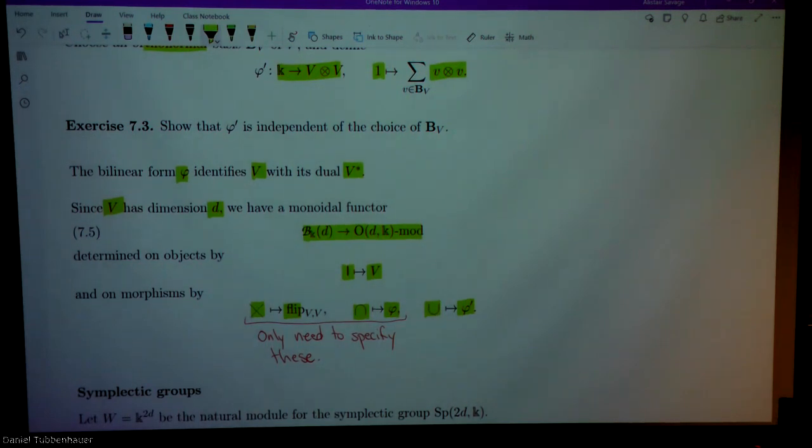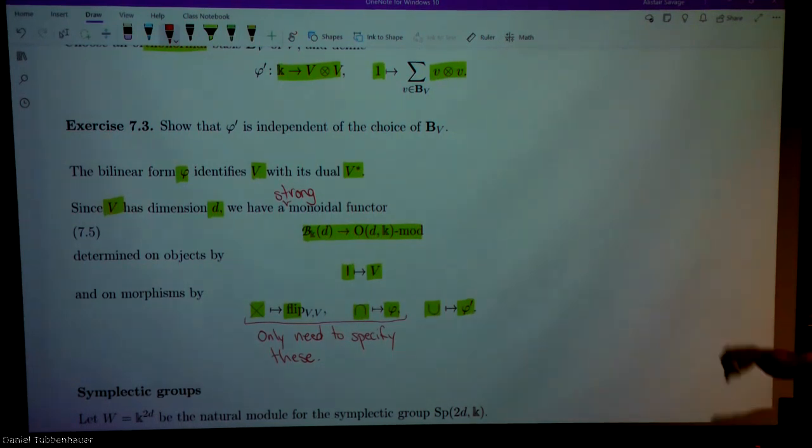Okay, any questions there? Just to make sure it preserves the structure. Yeah, now technically, some people would call this a strong monoidal functor. You have to be a little bit careful because the Brauer category is a strict monoidal category, and the category of modules for the orthogonal group is not a strict monoidal category.